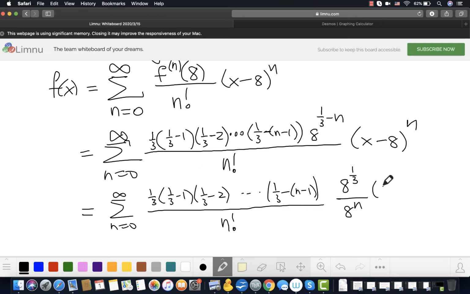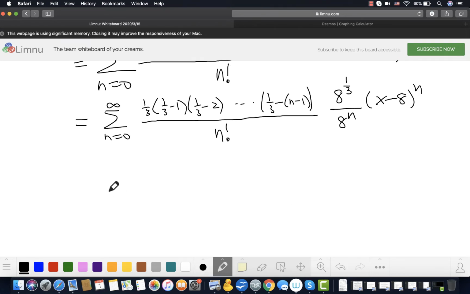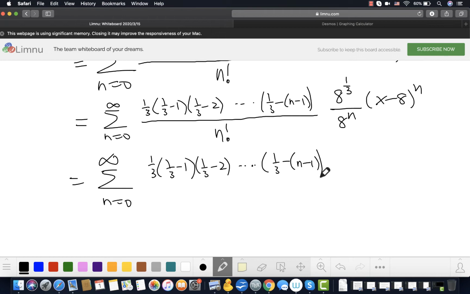I also have this term (x minus 8) to the n. So I can simplify it even further, so I have this numerator, and I have n factorial here.